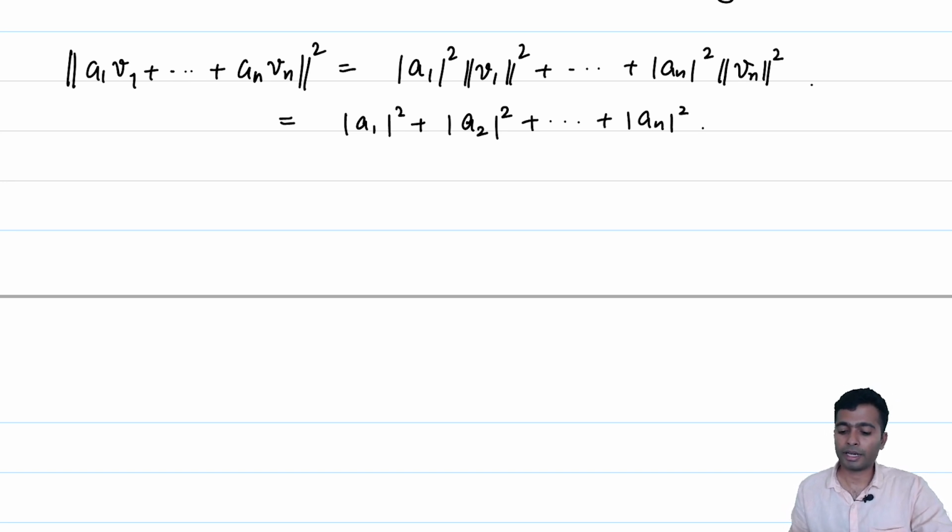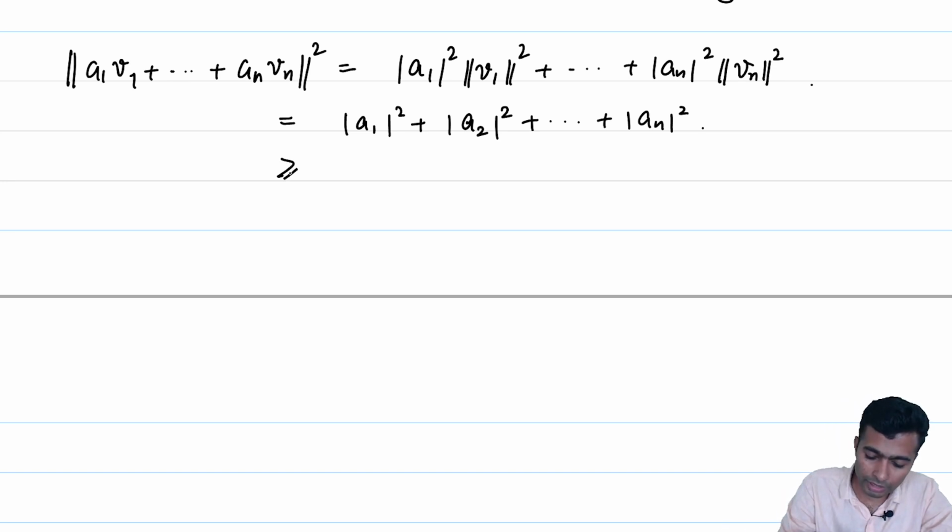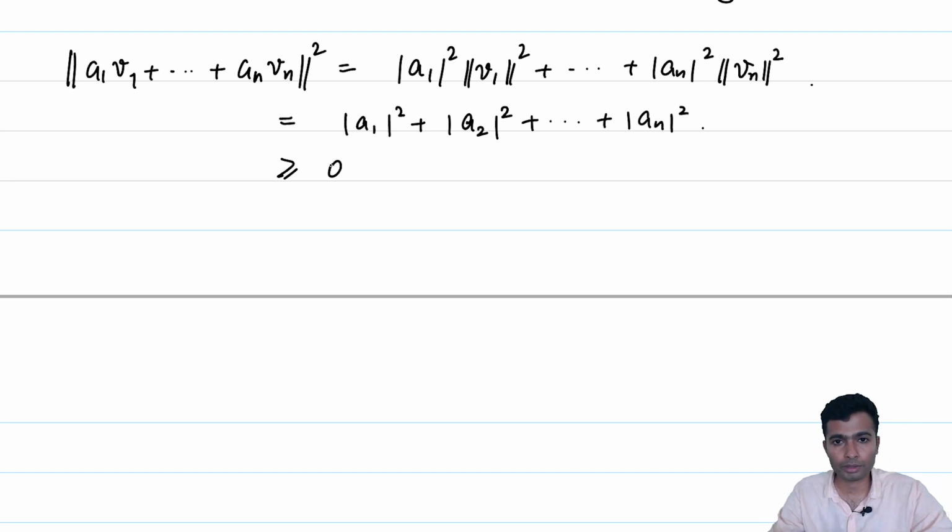but again, irrespective of whether we are working in an inner product space over complex numbers, or an inner product space over real numbers, the squares of the absolute values are all positive numbers. So this is a sum of such numbers, so this is greater than or equal to 0. When is the equality going to come up?